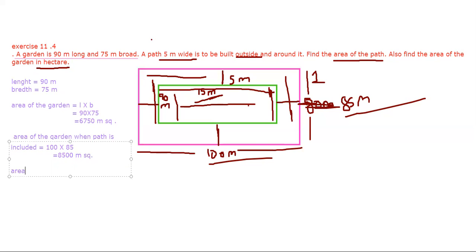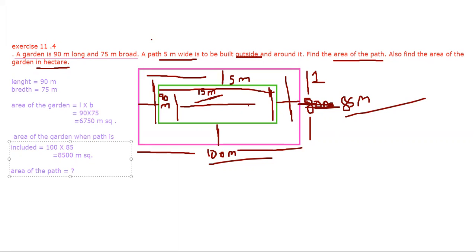But now what of the area of the path? We have to find it as well. So how do we find this? The answer is really simple. As we know, we have found the area of the garden when the path is not included, and the area of the garden when the path is included.